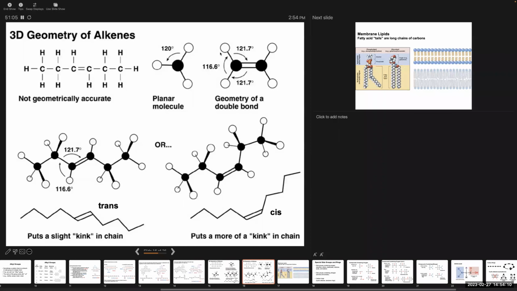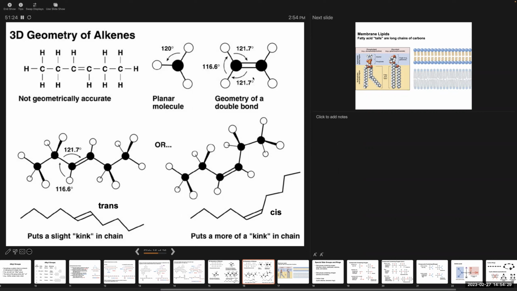The angle between the single bonds is a little bit less than 120. It's down to 116.6 degrees. The angle between the single bond and the double bond is a little bigger than 120, 121.7. Same thing down here. This is another angle between a single bond and a double bond.